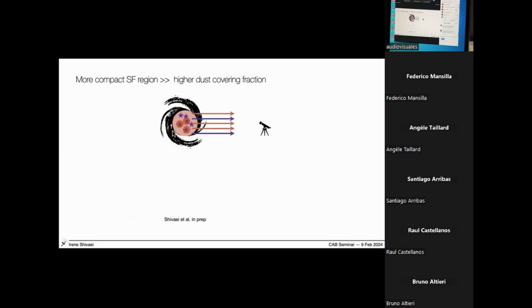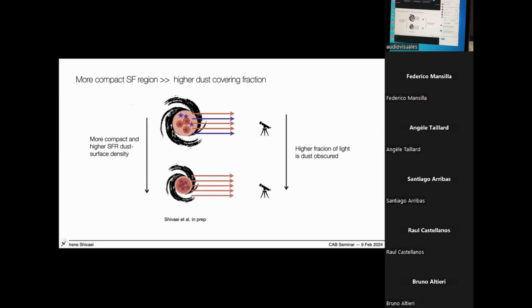If you have an extended star formation region in your galaxy, the dust to stars morphology is very complex. You have some stars that are enshrouded in their very dusty birth clouds, while other stars are in the diffuse ISM and less obscured. So you will get a lower obscured fraction on average. But if you concentrate all of that into the central region of the galaxy, you tend to have a higher covering fraction of dust.